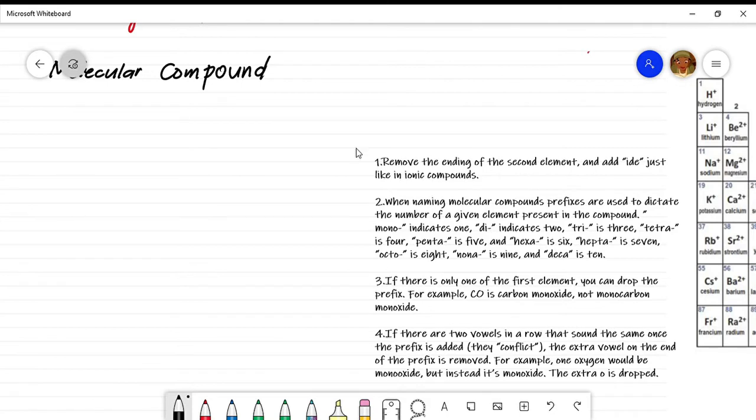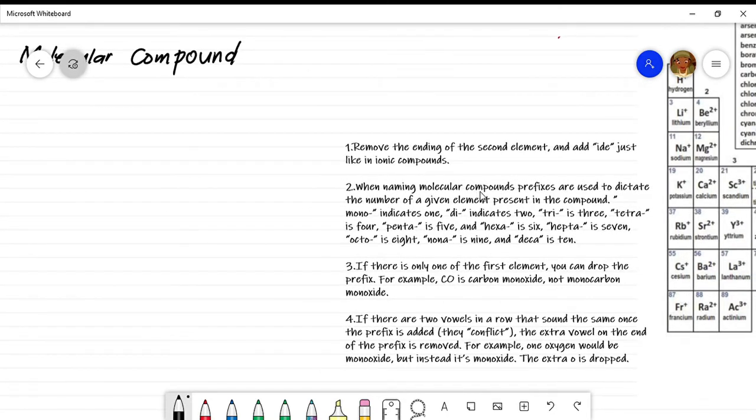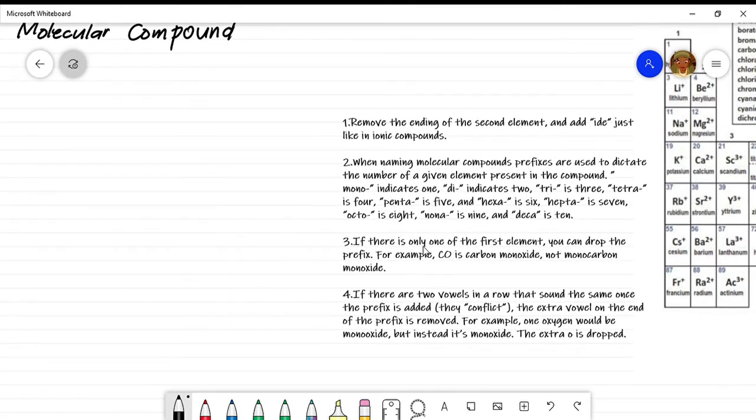Two is that prefixes are used to dictate the number of a given element in a compound. You use mono, di, tri, tetra, penta, and so on. It's all written here, and it's in your module also. And three, if there is only one of the first element, you can drop the prefix.